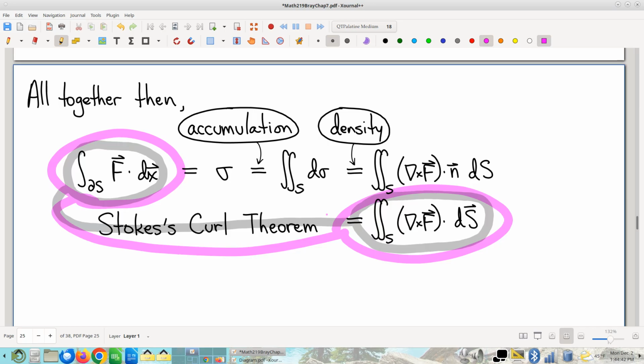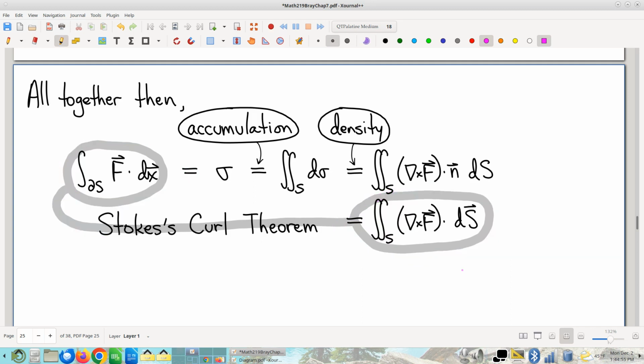Very unexpected, right? Not what we were thinking would probably happen. It's a flux of the curl field through the surface. Very weird. Okay, all right, so this is where we ended last time. Oh, yeah, where does the n go? It's inside of this dS vector.